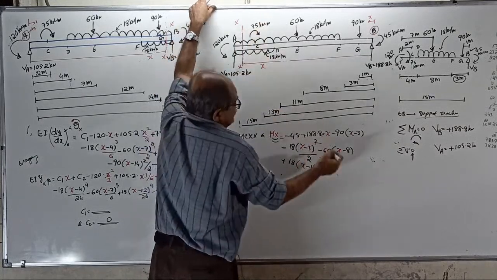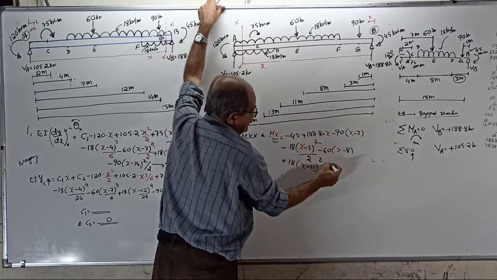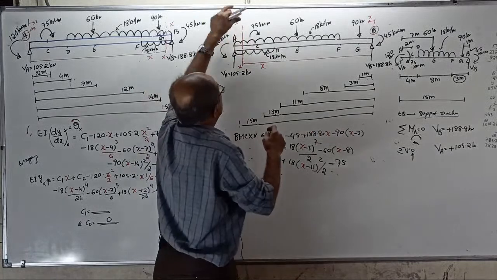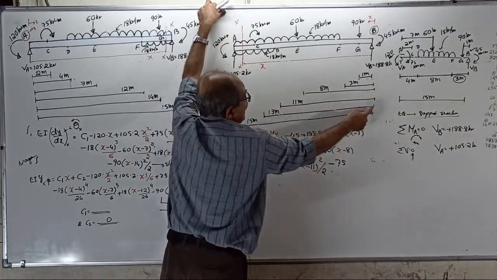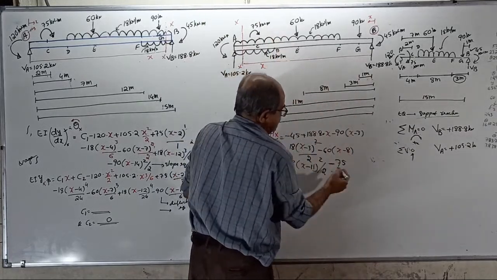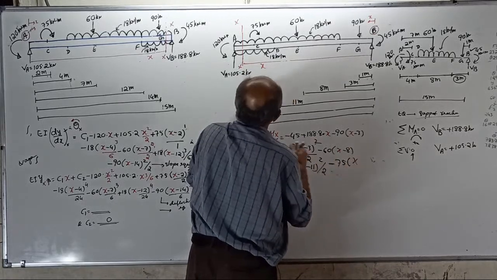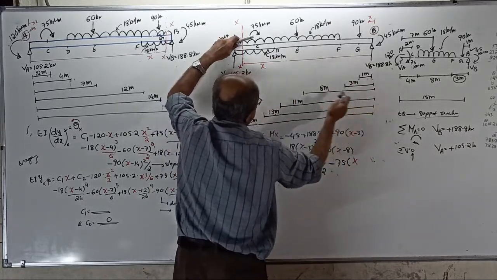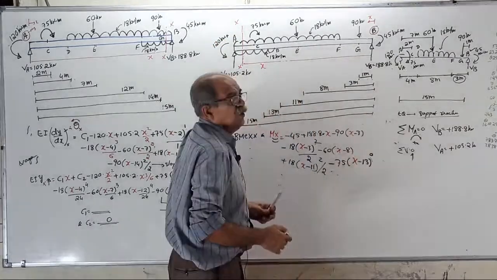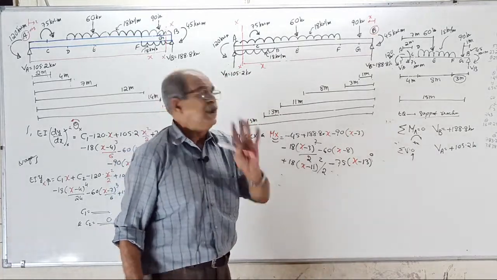Lastly, the couple: bending moment from this side is minus 75. You should not write 75 up to here, because it will come only after x equals 13. So 75 into x minus 13, power 0. Why power 0? Because for a couple, multiplying is not there. Multiply with power 0, 1.